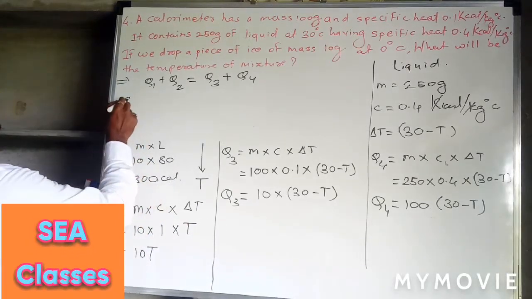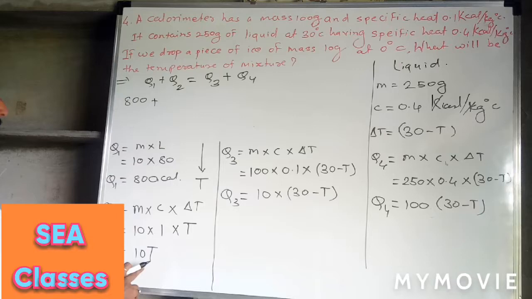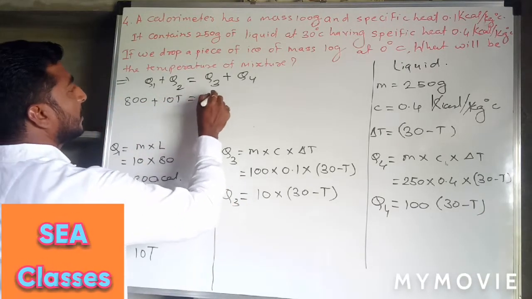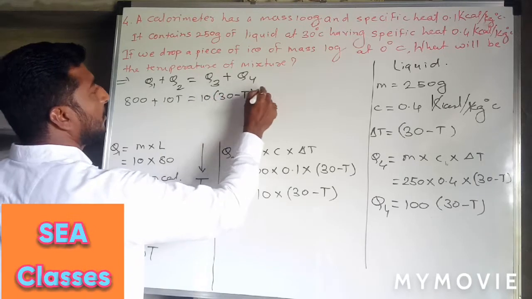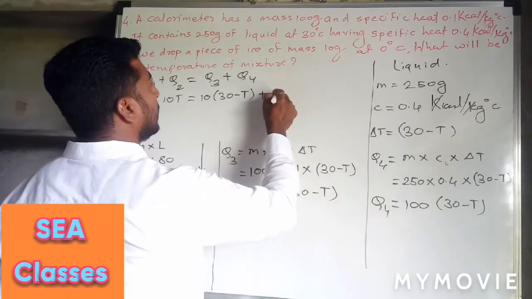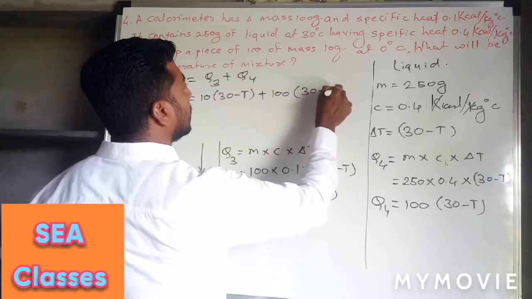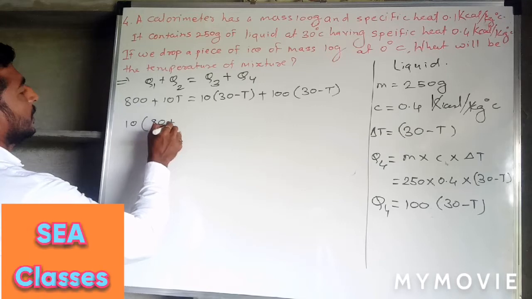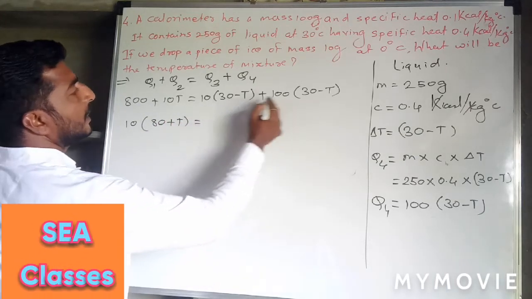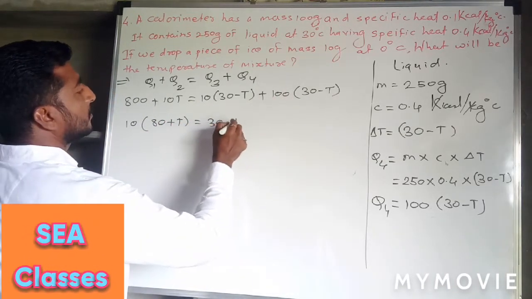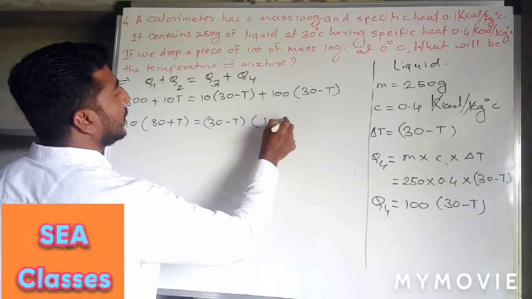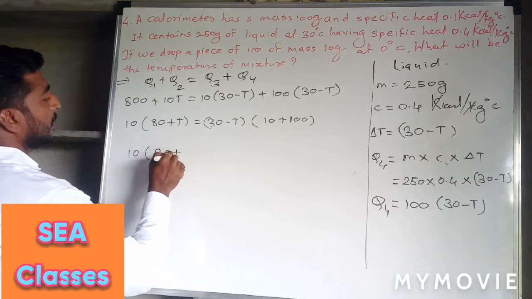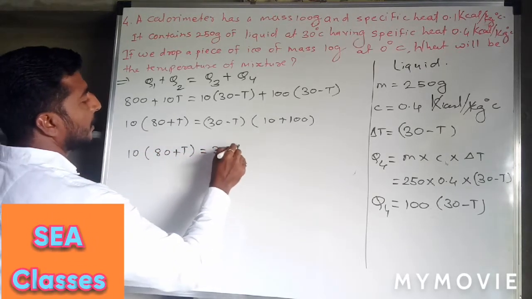Q1 is 800 plus Q2 10T, equal to Q3 that is 10 into bracket 30 minus T plus Q4 that is 100 into bracket 30 minus T. The 10 is common, so it will be 80 plus T. Here 30 minus T is common, and what remains is 10 plus 100. So it will be 10, 80 plus T is equal to 30 minus T.